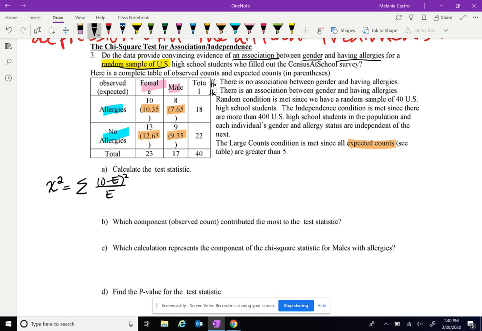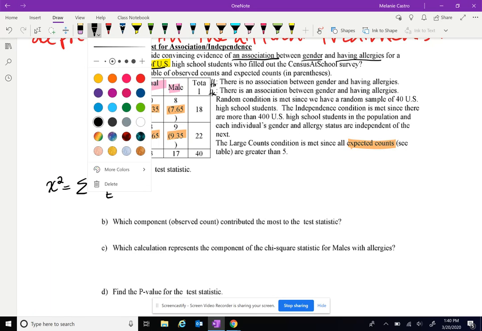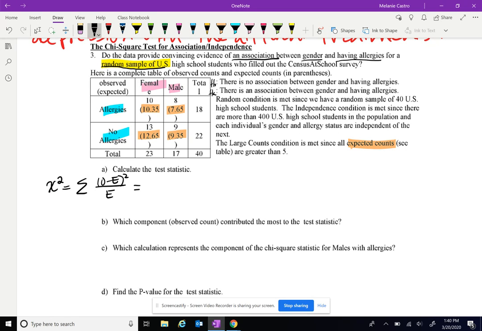And since there's 4 of them, they typically want you to show all the work. So we're going to have to go through and go 10 minus 10.35 squared divided by 10.35. If you do that, you're going to get a number of 0.0118.